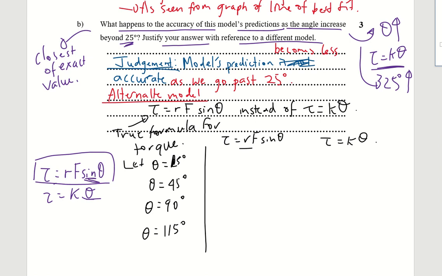In this case, don't forget that RF is just standing for k. So 1.7 sine 15 will be 0.44, rounded off to 2 sig figs just for simplicity's sake.